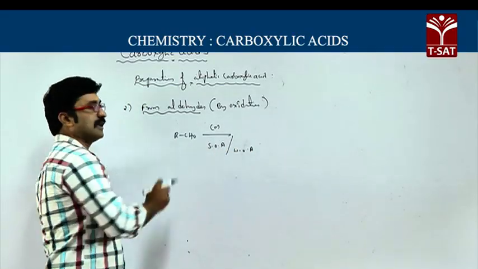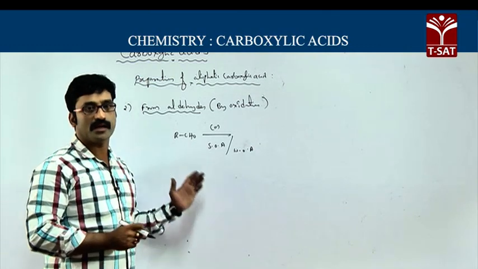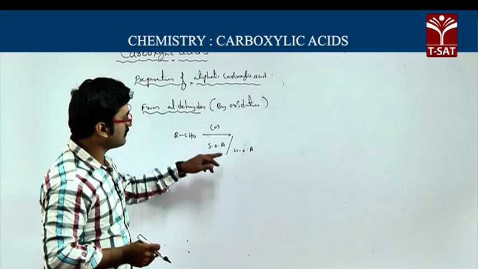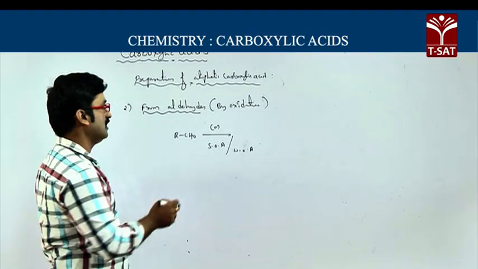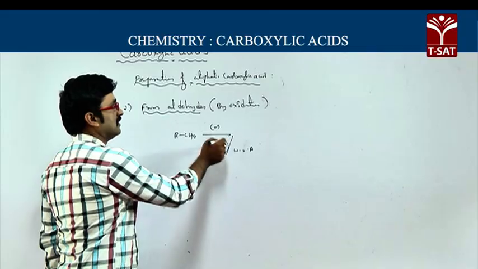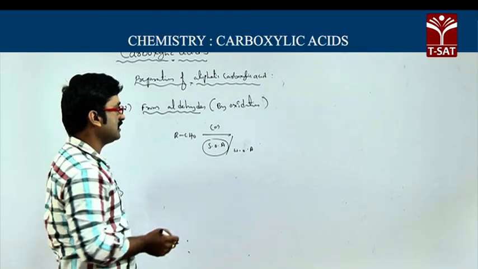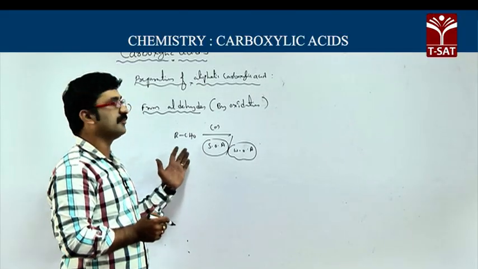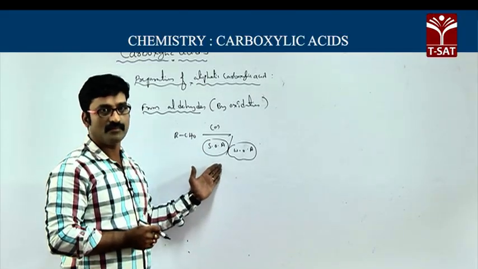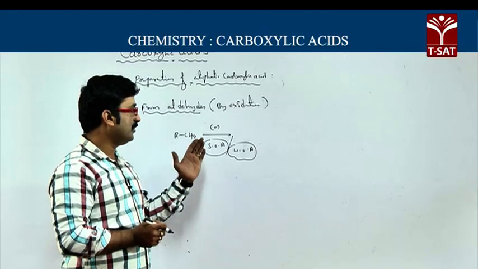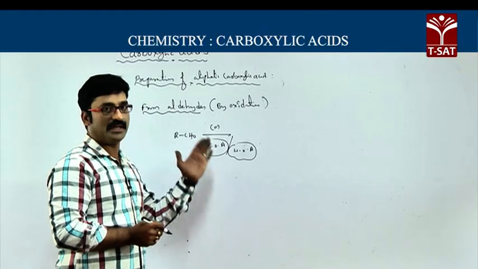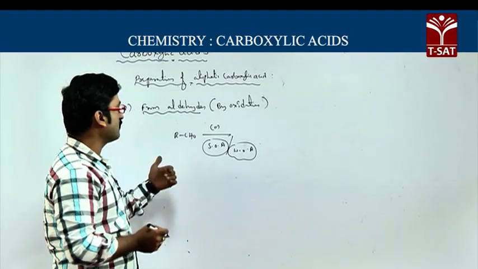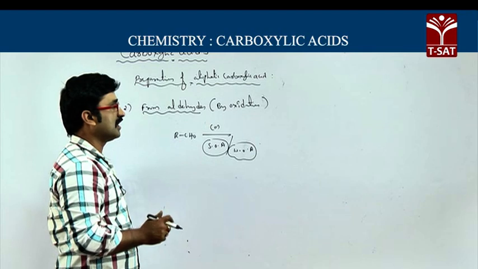Aldehydes are more reactive than ketones, so they can undergo oxidation with strong as well as weak oxidizing agents. We have just discussed examples of strong oxidizing agents. Examples of weak oxidizing agents used in this process are Tollens reagent, Fehling's reagent, Benedict's reagent and Schiff's reagent. These are used as weak oxidizing agents in the conversion of aldehydes into carboxylic acids.